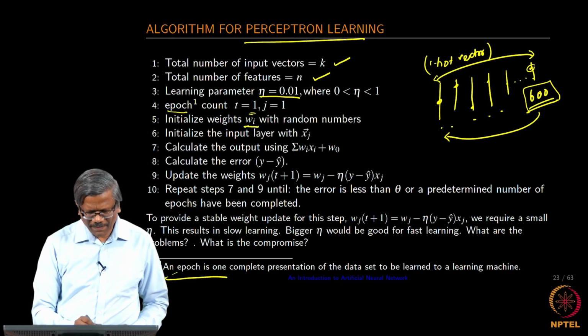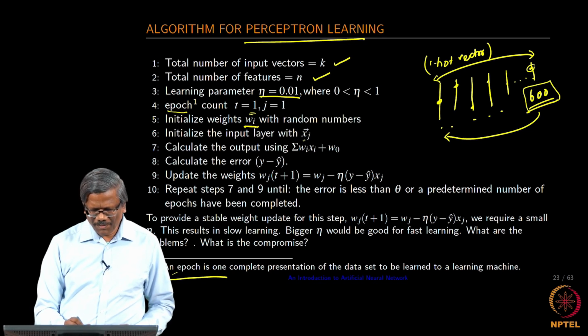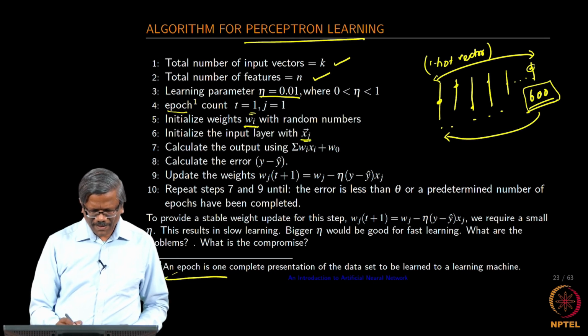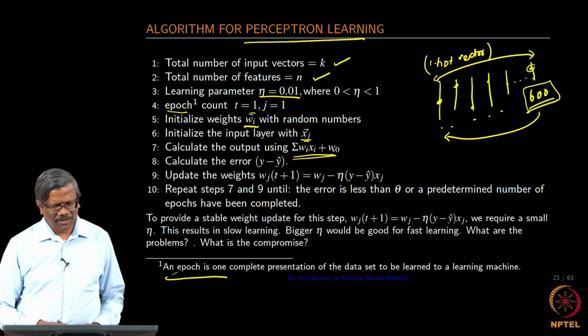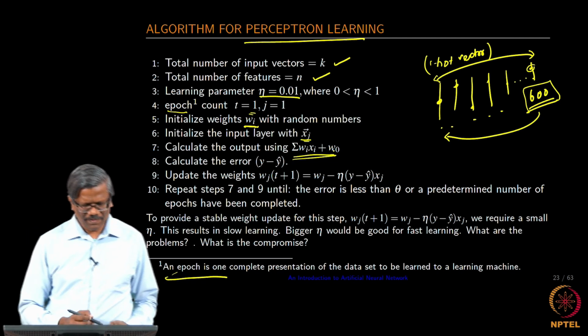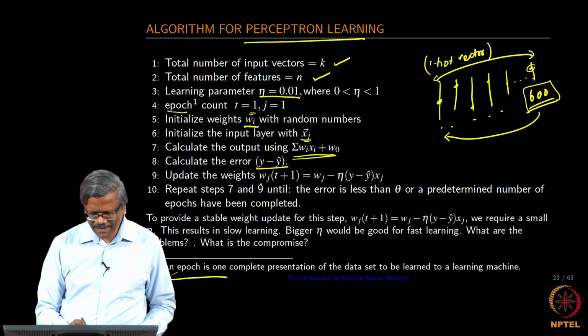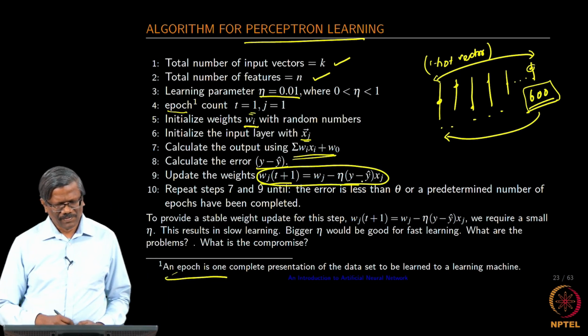We initialize the weights with random numbers, initialize the input layer with the first data, calculate the net output using this relationship, calculate the error, and update the weight based on this equation. Okay.